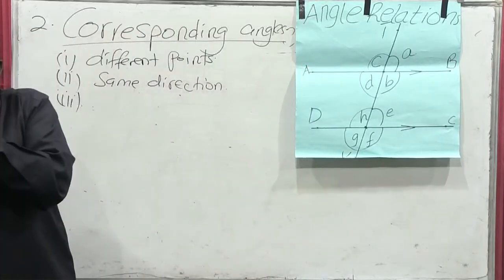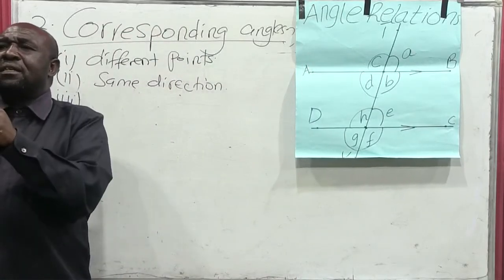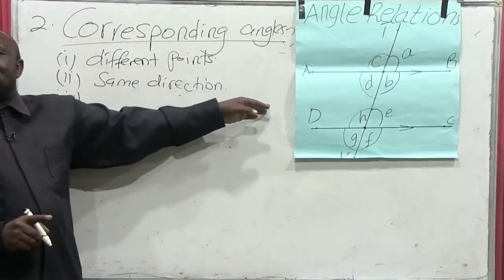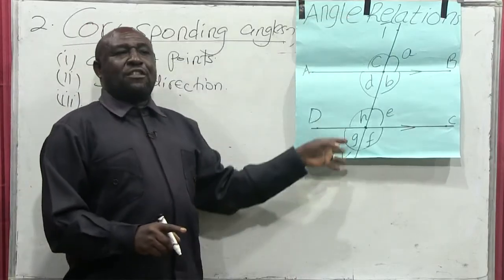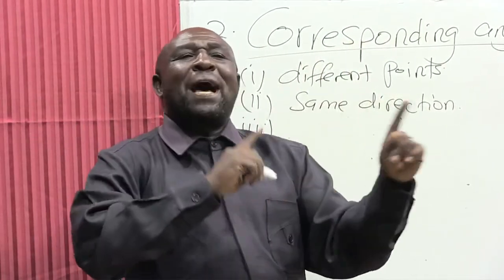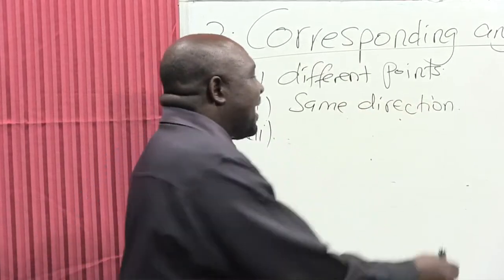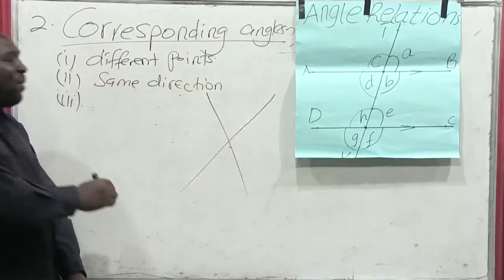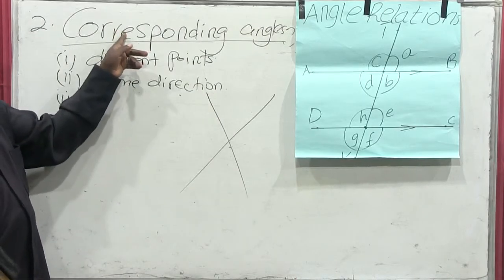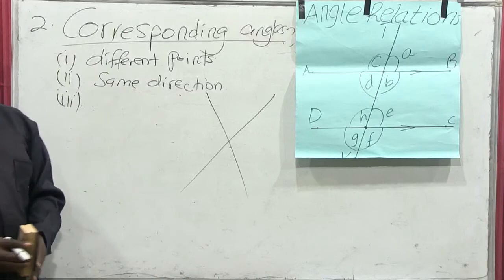So for a corresponding angle to be formed, there must be parallel lines and a transversal line. For vertical opposite angles, no need of parallel lines. Just a line crossing with another. No parallelism concept. For corresponding, the parallel lines must be there.